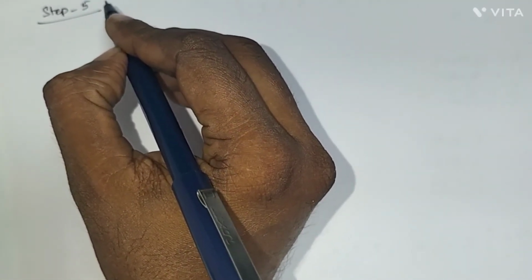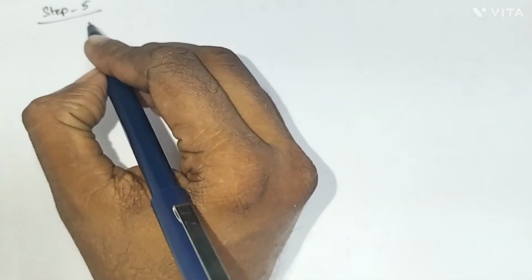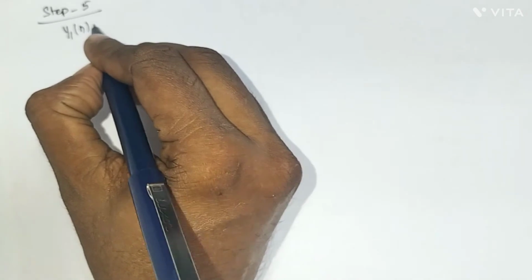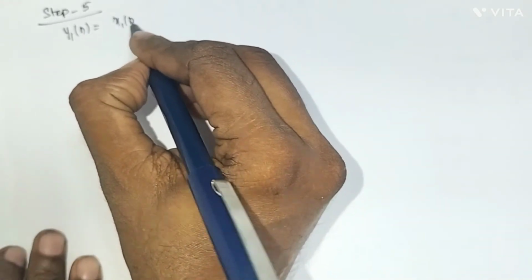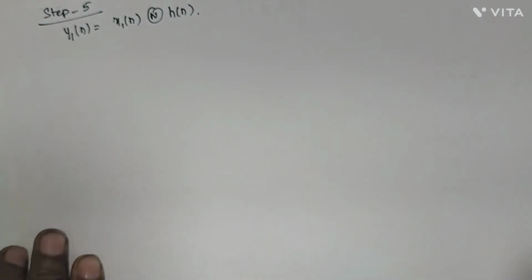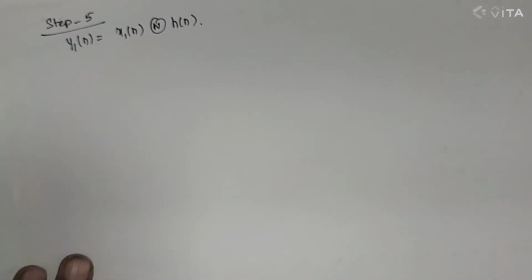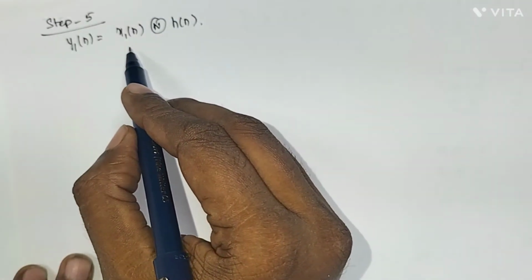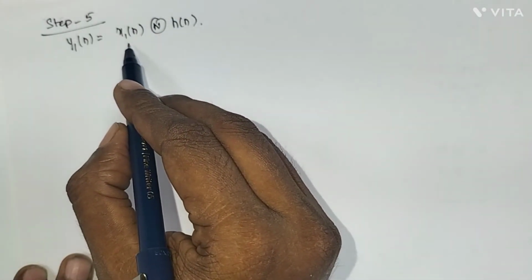Okay. Next step is you have to do the circular convolution. That is, y of n is equal to x1 of n circular convolution with h of n. So you know very well how to do the circular convolution. For the circular convolution, the two input sequences should be of the same length. So we are going to take circular convolution for the sub block x1 of n and h of n.